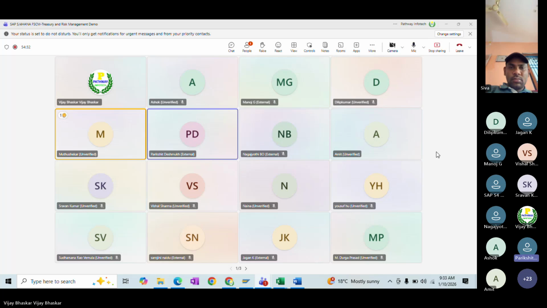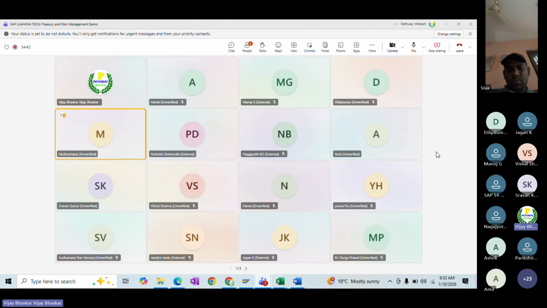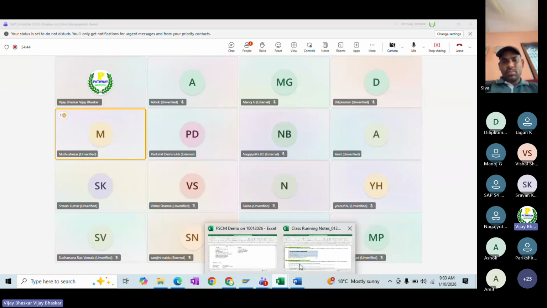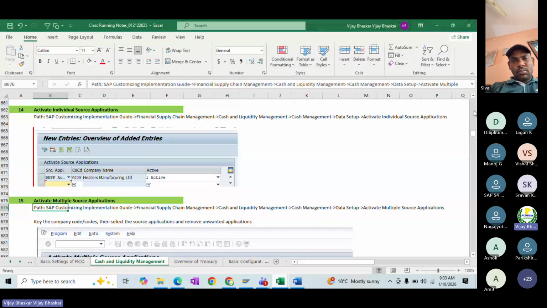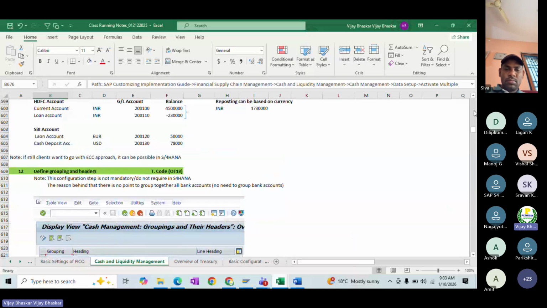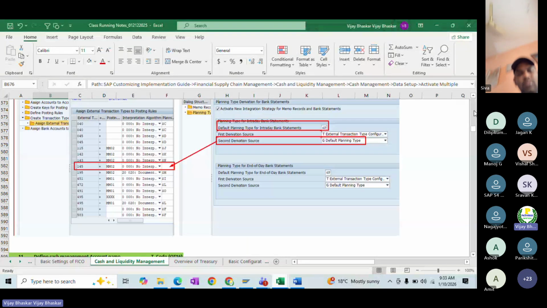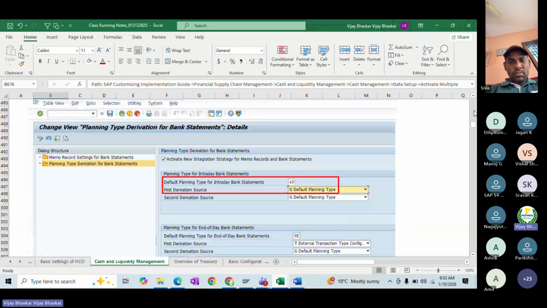Vijay, does it make a huge difference between the versions? No, it doesn't, but the changes will be taken into consideration. That is the objective of the session: wherever there are changes, I'm definitely going to explain them in the session.